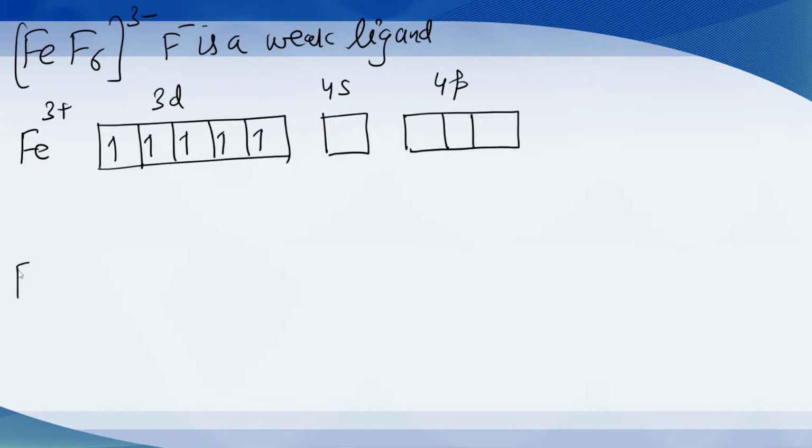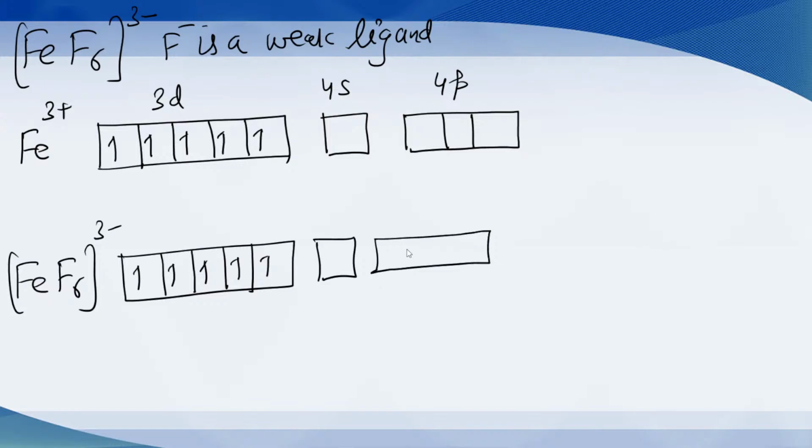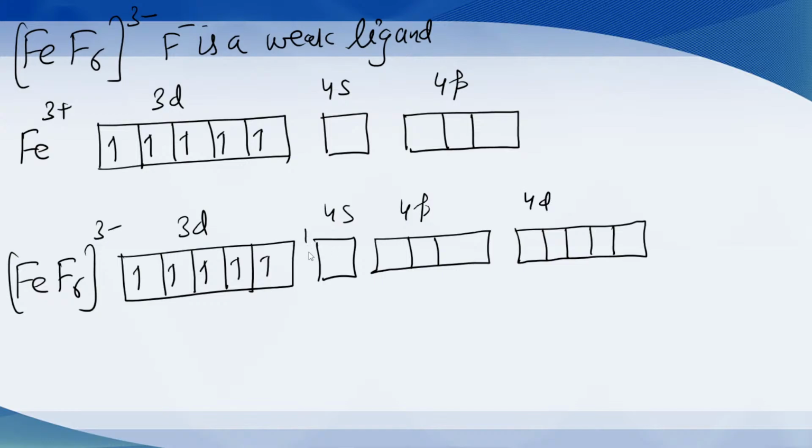And now how many orbitals are required? 6 vacant orbitals are required. The 3d orbitals all have one electron, therefore they cannot be used. So we need d orbitals from the outer shell, and therefore 4s, 4p and 4d: 1 4s, 3 4p and 2 4d.